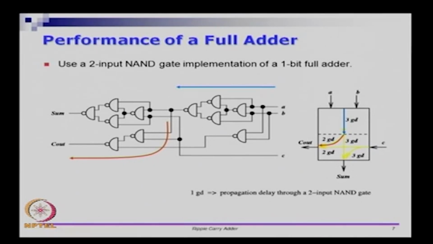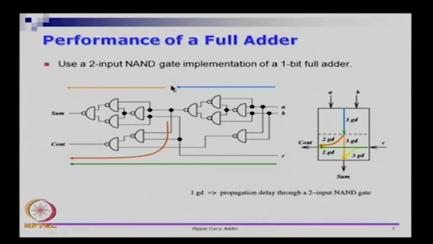We will come to that in a little while, right. The carry is getting generated faster than the sum. And finally, this last path is C going in directly through this and so on, right, that is only 2 units of delay. So anyway, the green path is not so interesting.